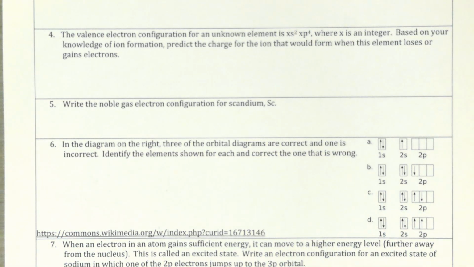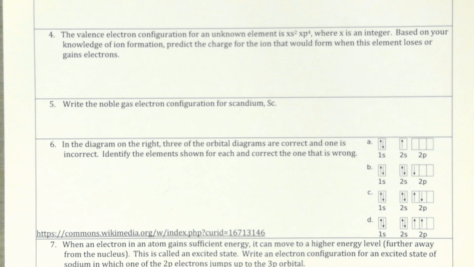So be careful with this one. It might be confusing to you, but work through it, because you want to look at, can it gain? If it gains, it would have a negative charge. If it loses, would it be positive? Okay? So think out, based on ion formation, what would be the charge for the ion that it would form if this element loses or gains electrons.